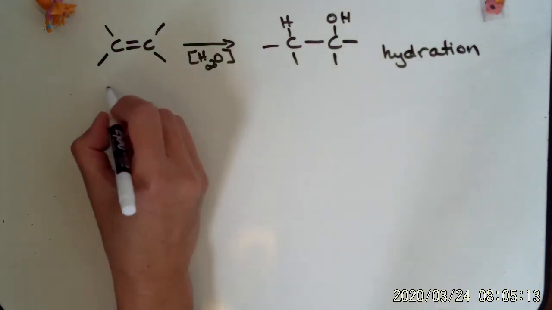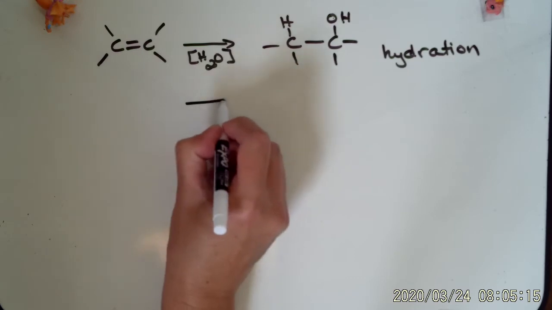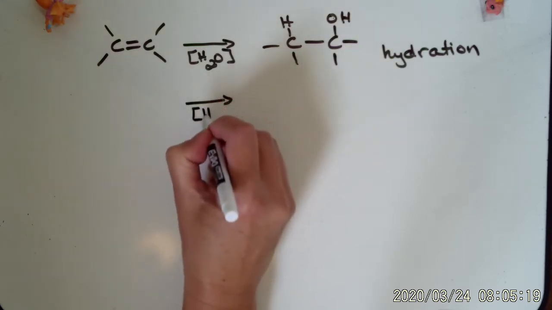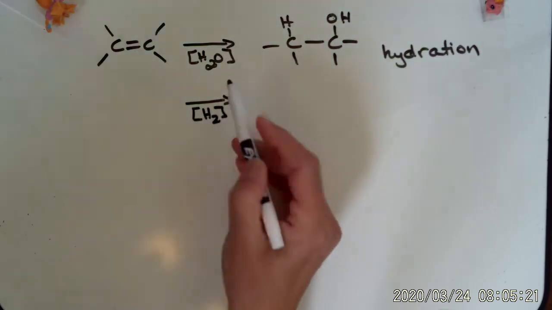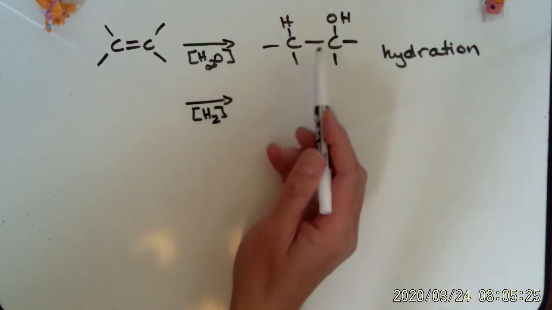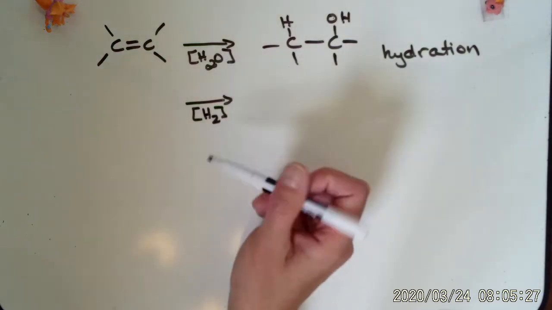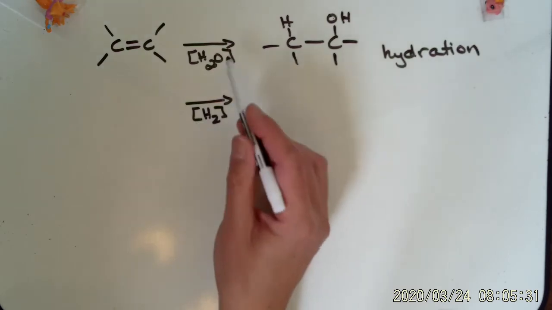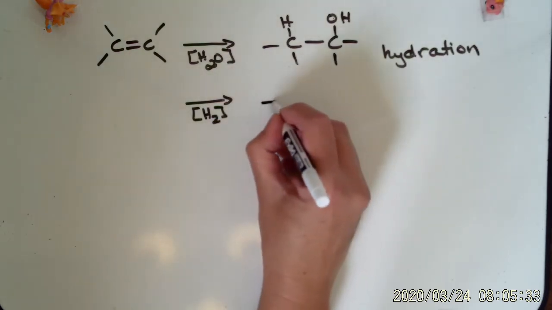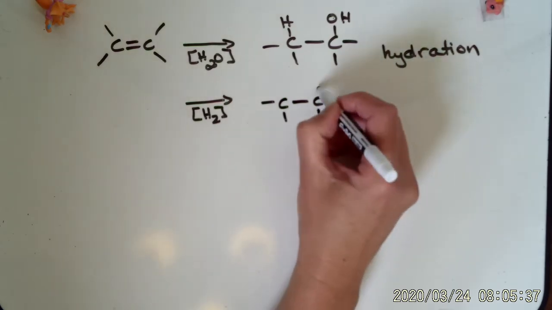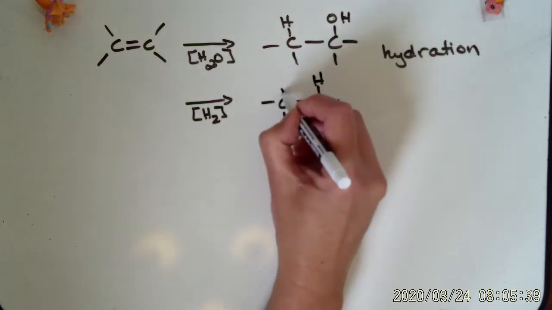Then we have hydrogenation. So you're adding hydrogen gas. Now that's not the reactant. This is just telling you what the XY is that I'm adding across. So just be aware that when we get down to the actual reactions, their conditions will be more precisely spelled out.